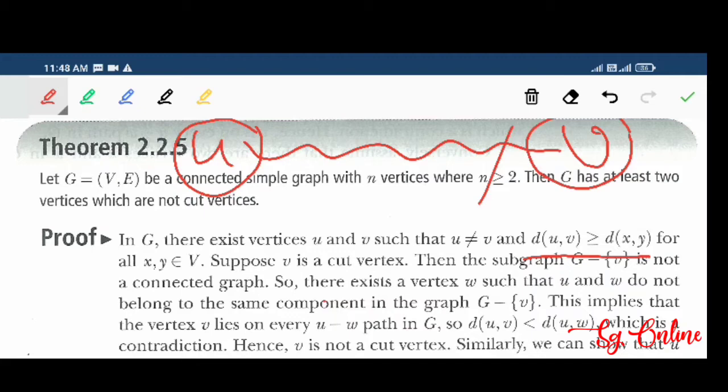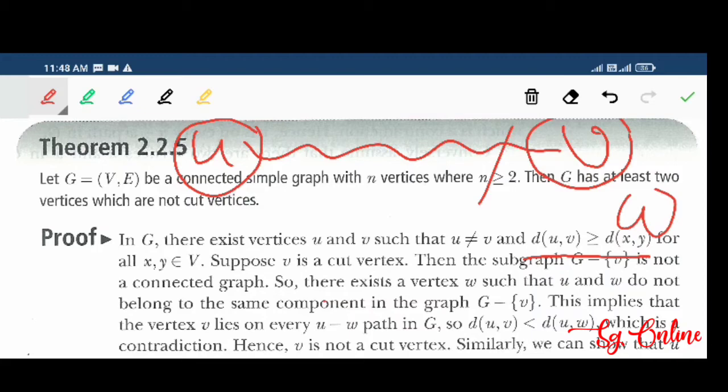So there exists another vertex W in a component in which U is not lying, and so U and W belong to different components. All this is happening due to the deletion of the vertex V. The graph was previously connected, but now it becomes disconnected.